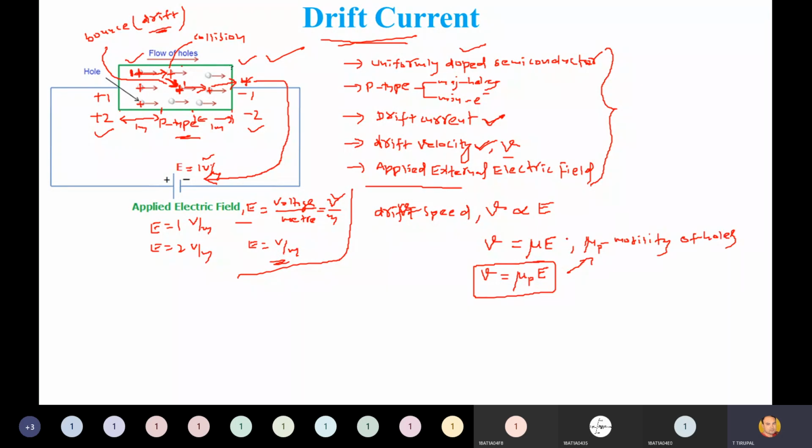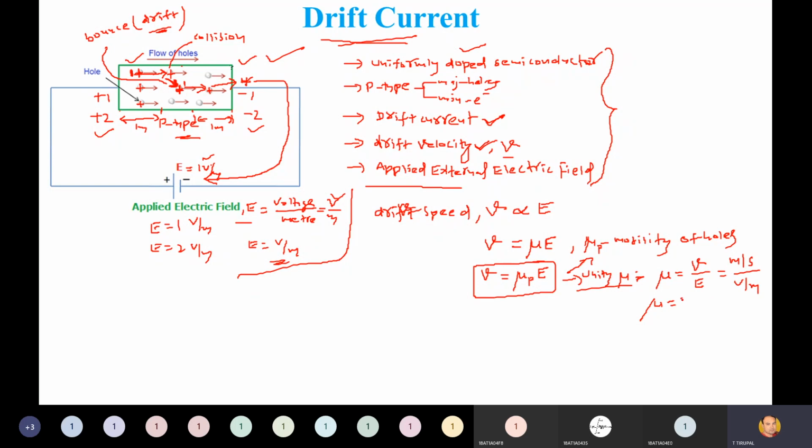Now, the important equation here. Drift speed is nothing but drift velocity. Now tell me, what are the units for mobility? To calculate the units, see the formula V is equal to mu E, so mu is equal to V divided by E. Units for speed are meters per second, divided by electric field intensity in volts per meter.